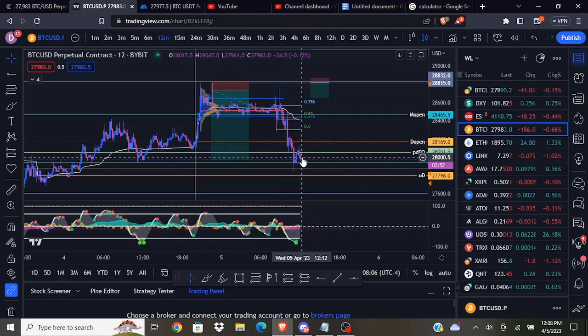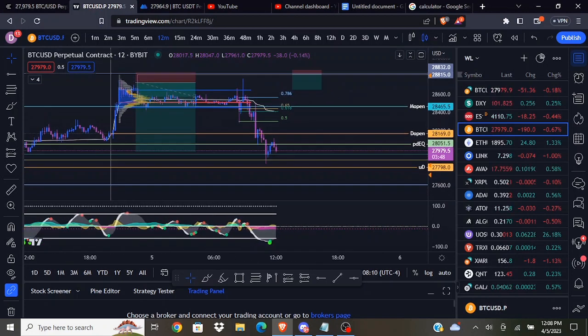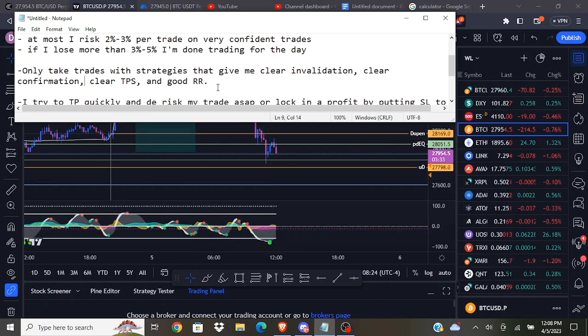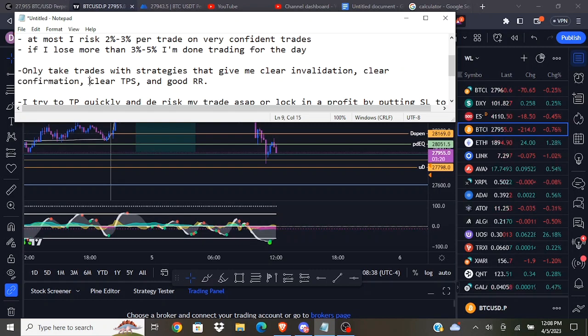So like market structure and also the reaction that price has at a level. Those are all things that I take into consideration when I'm thinking about taking a trade. There are some other confirmations that I use sometimes. There are many others that other people use, but for me, those are the confirmations that I look for. And without clear confirmations, there is no trade to take, in my opinion.